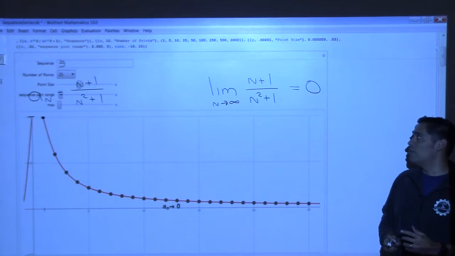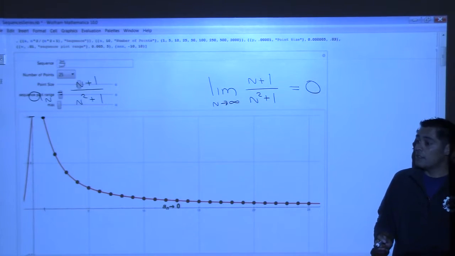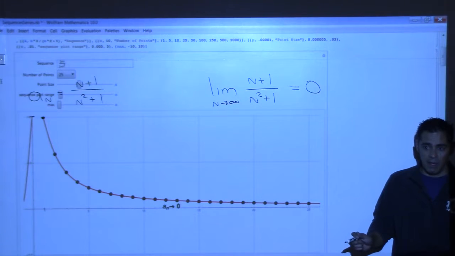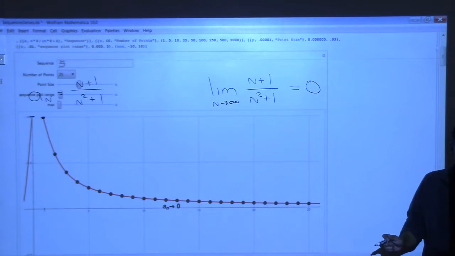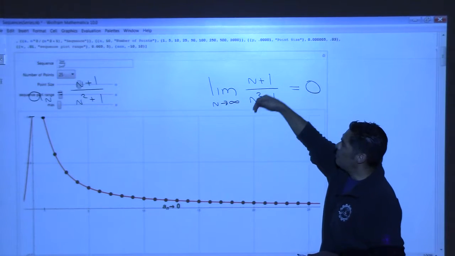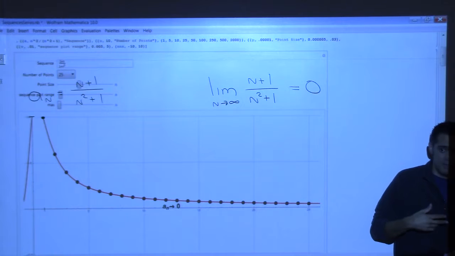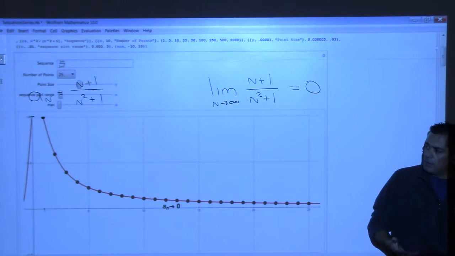So if we have to do something mechanically, how would we handle it? What's that? L'Hopital, right? You remember L'Hopital? Okay. What did L'Hopital say? That if you take a limit of something and you get infinity over infinity, then you can just take the derivative on top and bottom, right?